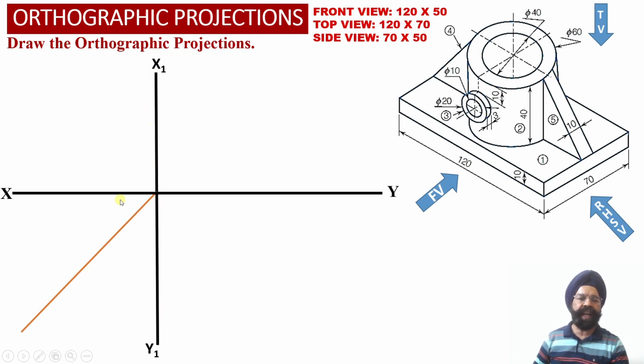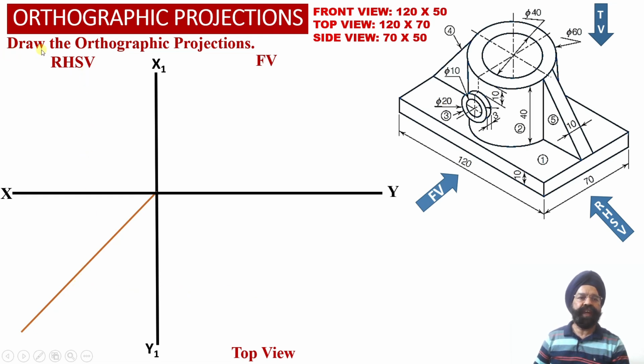This transfer line is inclined with respect to the XY reference line at an angle of 45 degree, and we are going to utilize it to transfer the distances along the depth of the solid from the top view orthographic projection into the right hand side view projection.